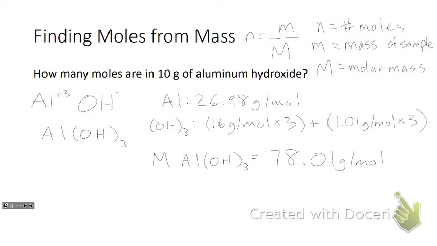My little m is right here. Okay, so little m is equal to 10 grams. So now that we have little m and big M, we can just put this into our formula, right? So n is equal to little m, so 10 grams divided by 78.01 grams per mole. And we have 2 digits here, so I'll put it in 2 digits.